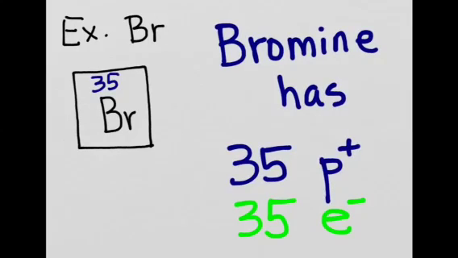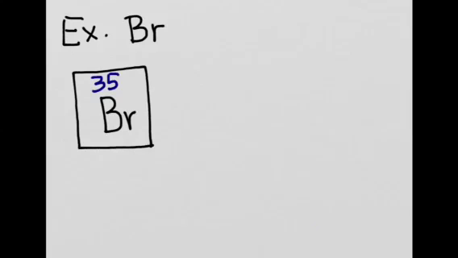But to see which of these 35 electrons are bromine's valence electrons, we'll need to write out the electron configuration for bromine. So with a chart in hand, we start up there with hydrogen, and we find that the first two of bromine's electrons are going to go in the 1s orbital, 1s2.